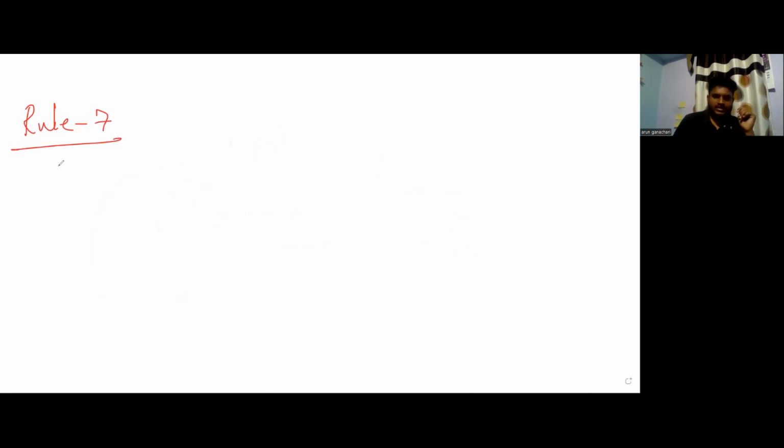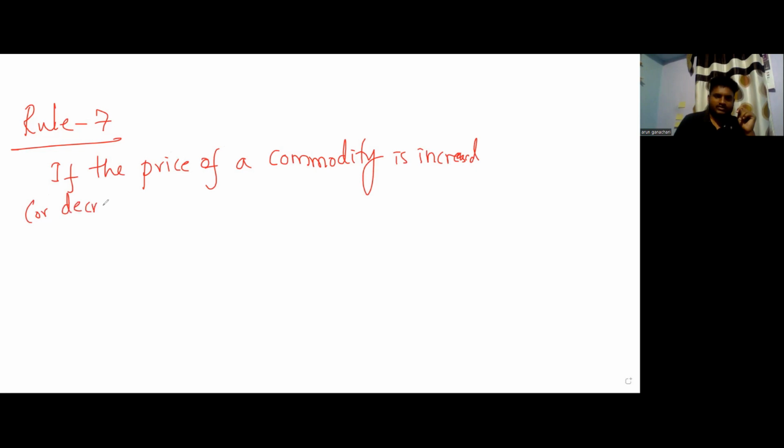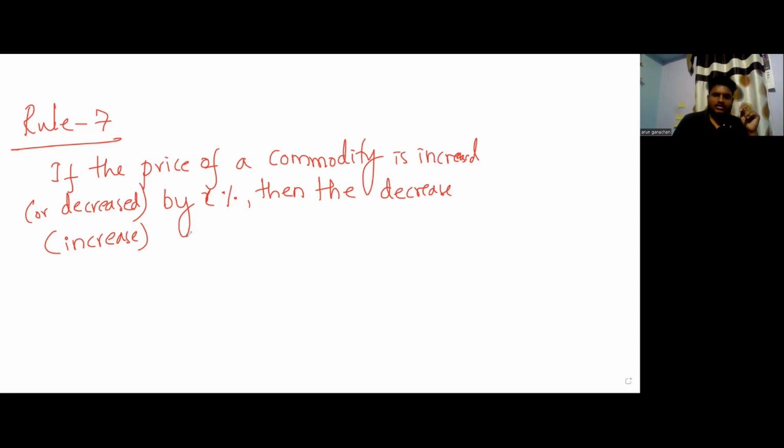Rule number 7 basically says if the price of a commodity is increased (or decreased) by X percentage, then the decrease or increase in consumption... Understand the correlation here.